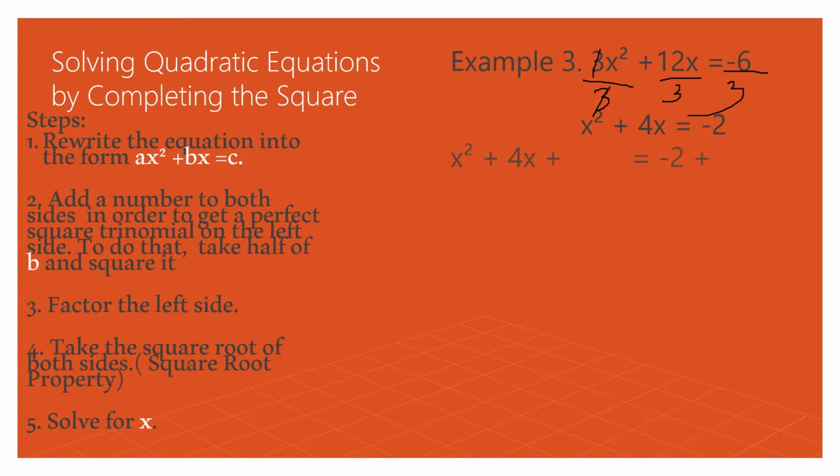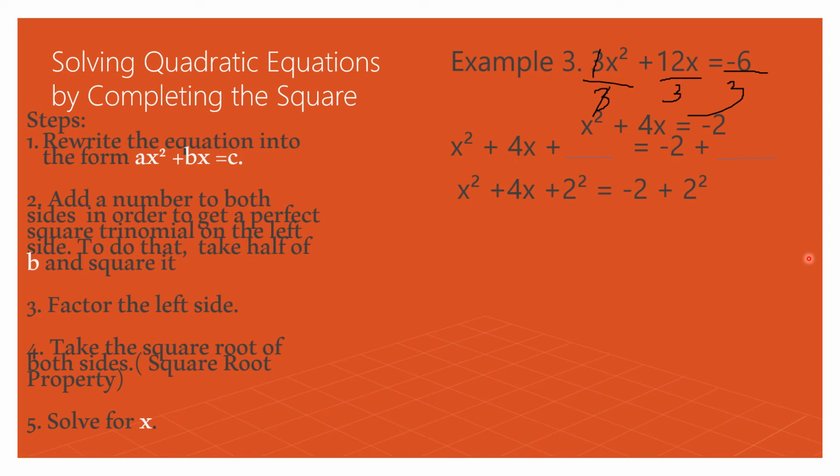And that's the time that we are going to add the number on both sides of the equation. And to do that, we take half of 4 and then square it. Half of 4 is 2, squared, so 2 squared. On the other side is also 2 squared. Ganun din sa kabilang side.